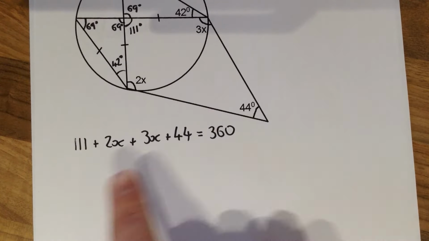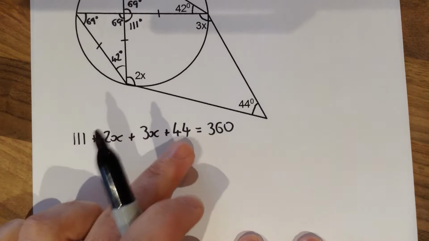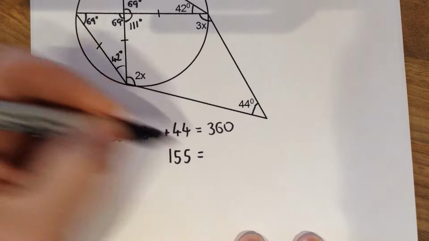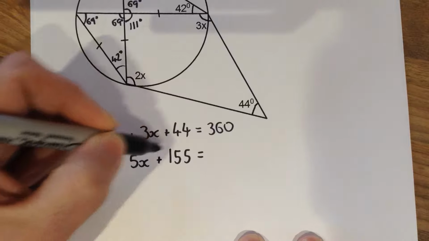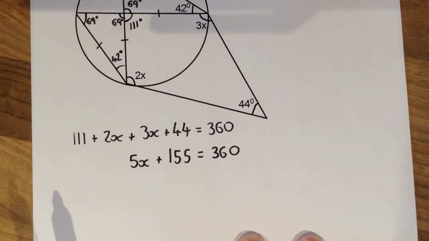At that point I'm going to neaten up and then try and solve this equation. So 111 and 44, we get 155. 2x and 3x make 5x, and that, as we said before, equals 360.